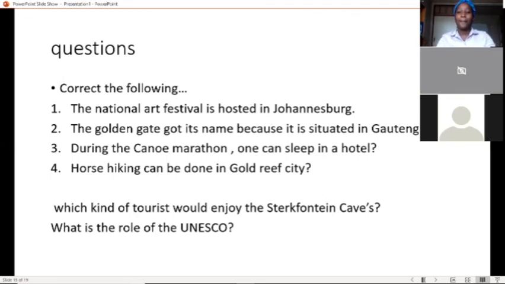Why not? Because nature can be of different ideas. What if I want to go to the cave to see the river? No, it's not the river. Yes, there's a river in the Sterkfontein Cave. So what if you want to go there to just explore the water part?